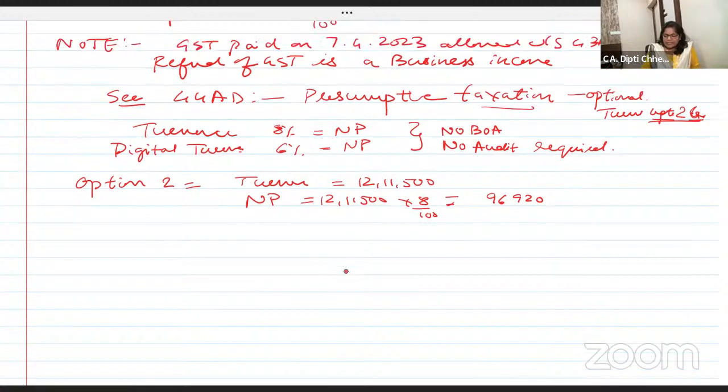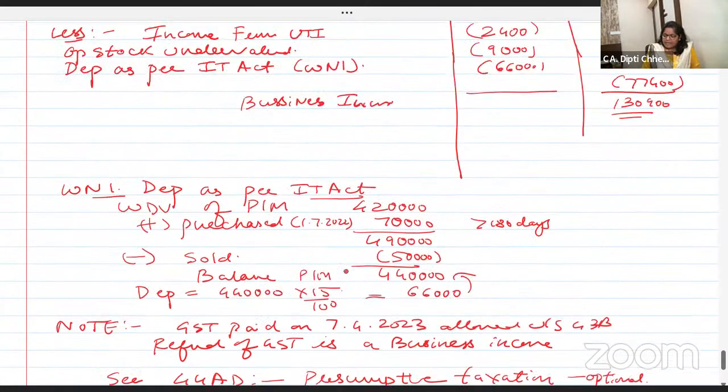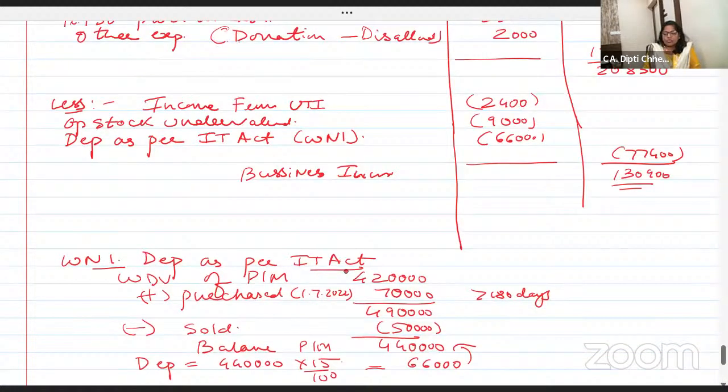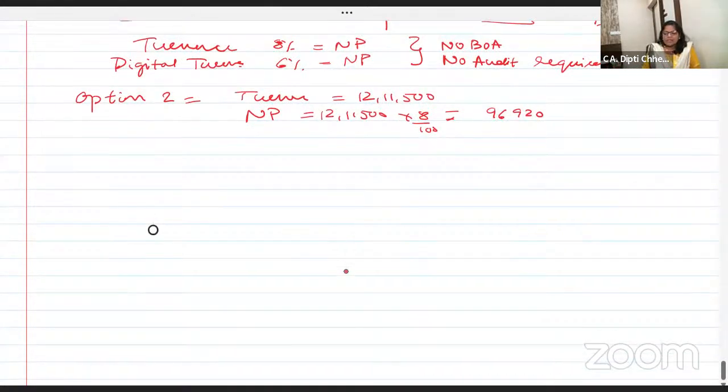You can show as net profit 96,920 instead of business income. So profit भी कम आ रहा है. Routine business में you are showing 1,30,900. Here to you are just showing 96,920 as the profit. Clear to all of you? Yes.